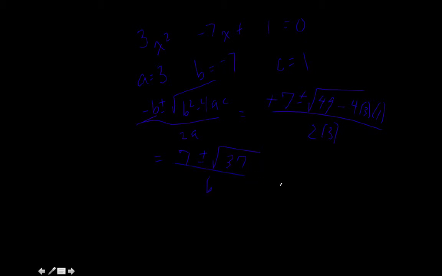And 37 doesn't have a square root that we can even clean up. So it's just this. So the solutions are 7 plus square root 37 over 6, 7 minus square root 37 over 6.